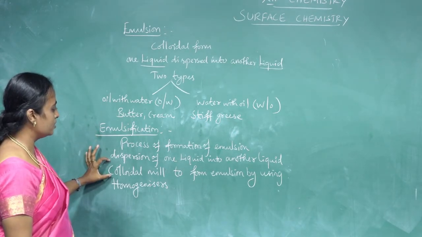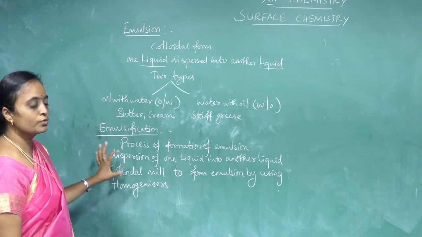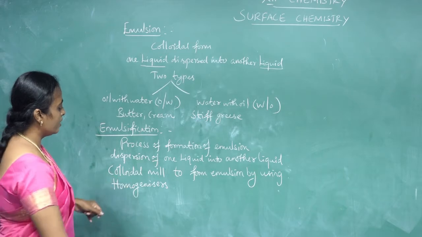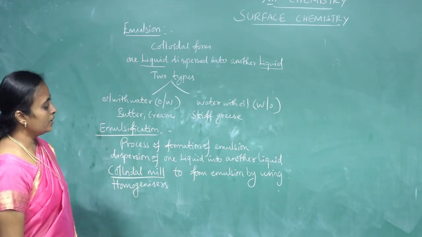The colloidal mill is used to make a larger substance into smaller ones, in the form of a colloidal solution. So the colloidal mill is utilized for preparing the emulsion.